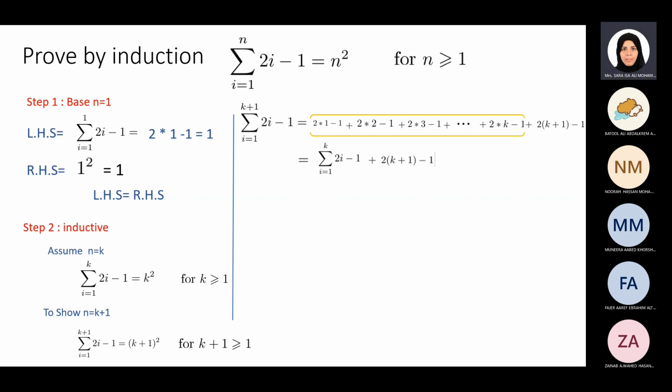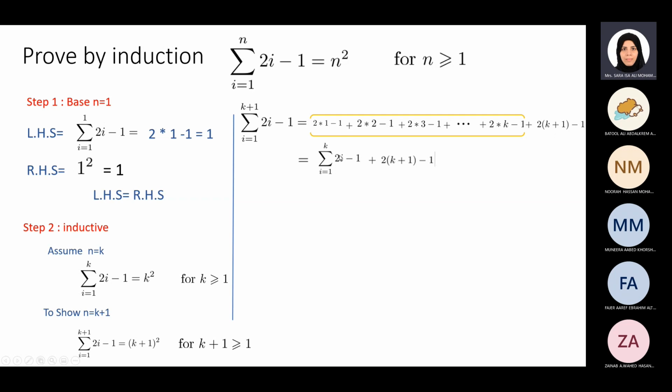Always when you are given a summation from i equals 1 to k plus 1, it is the summation from i equals 1 to k plus the substitution of k plus 1 in this term. You don't have to write it in expanded form. I'm just showing you the idea. You can easily come from here to there directly.